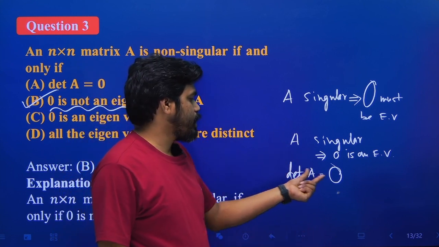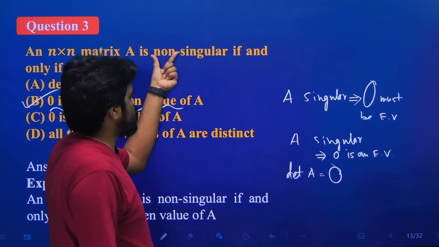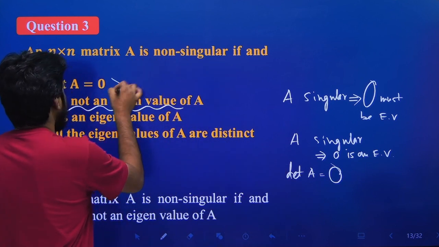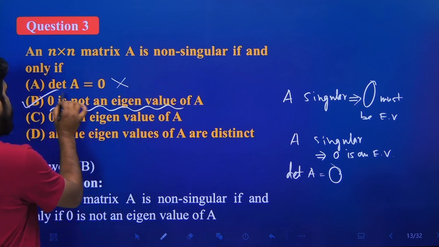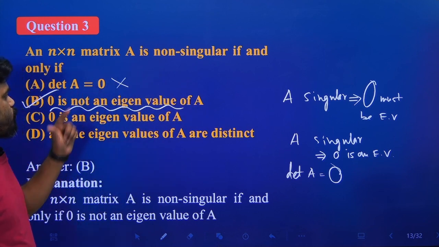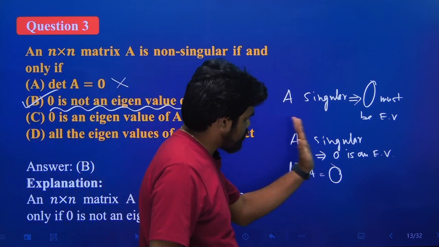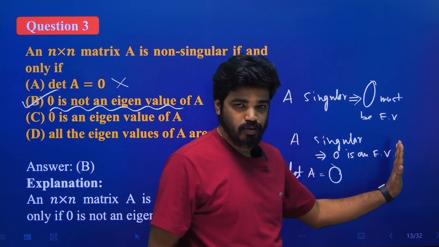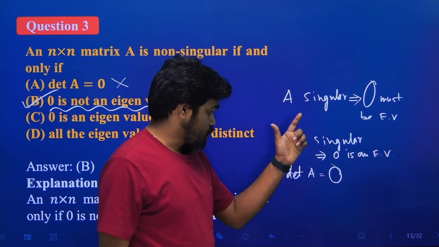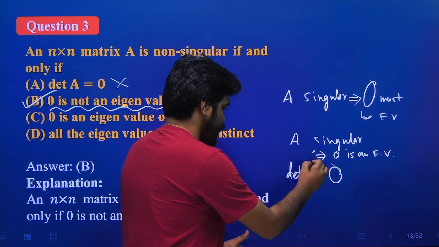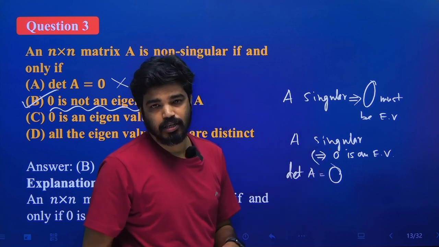So what do we get for determinant A? 0, right? Here it is given that A is non-singular, that means determinant A is not equal to 0. But here it is given that determinant A is equal to 0, so the option is false. It should be noted that if A is singular, then 0 must be an eigenvalue. Since 0 is an eigenvalue, we conclude that A is singular, that means determinant A is equal to 0.